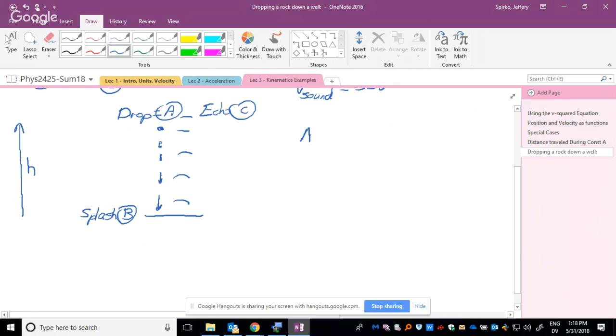And for A to B, as it turns out, the easiest equation to use is the delta Y equation.